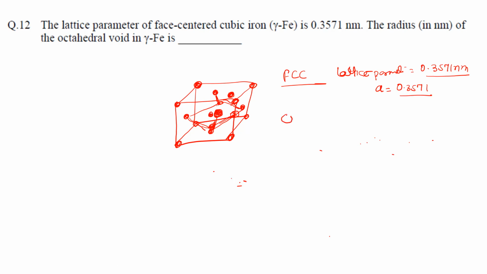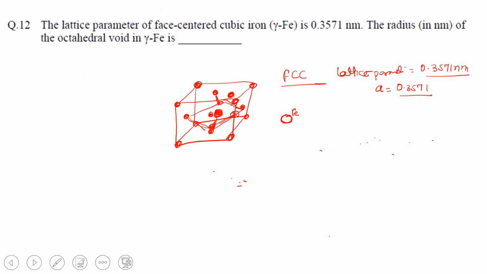There will be this iron atom, the next iron atom, and this is the size of the octahedral void. And this complete length is nothing but your edge length, right, over here.